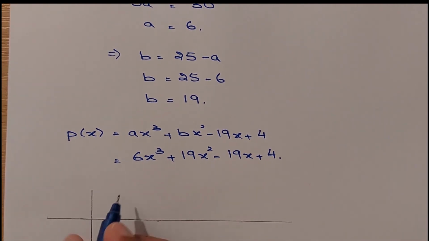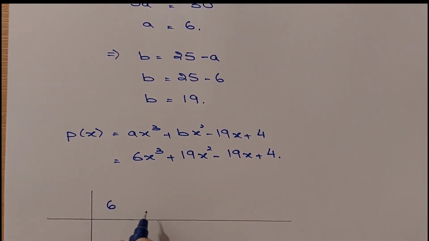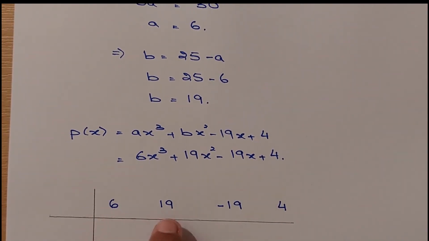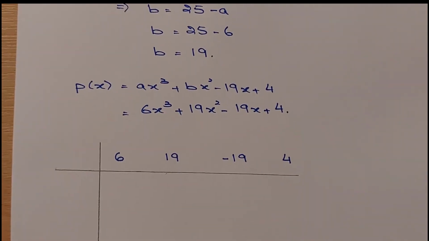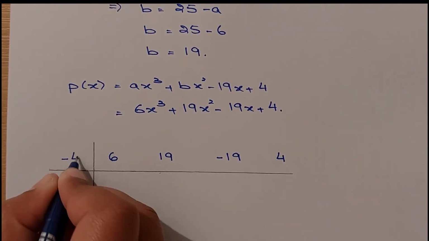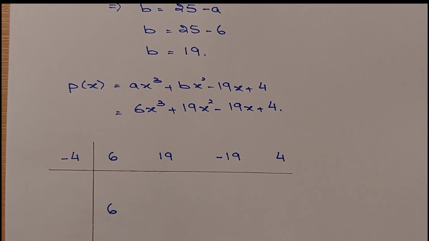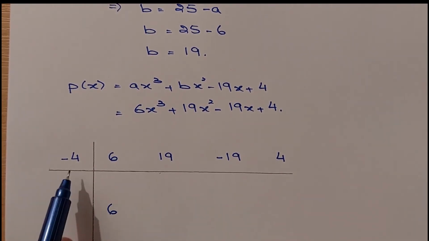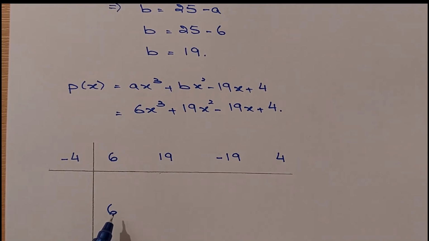So we have 6, 19, minus 19, and 4. We need to write the coefficients of x cubed, x squared, x, and the constant, and it has a factor x plus 4. So we have to do minus 4. Bring the 6 down. Okay, now 4 times 6 is 24.